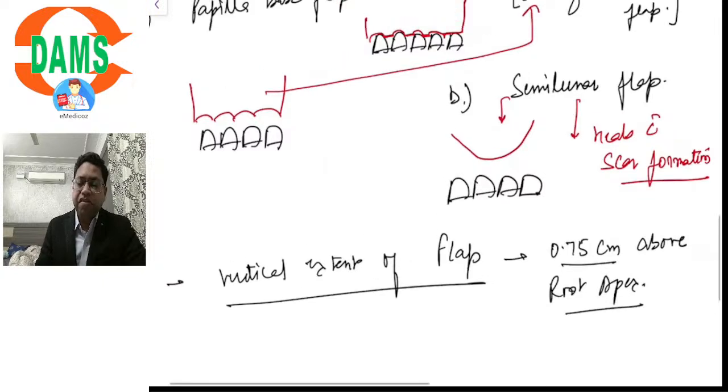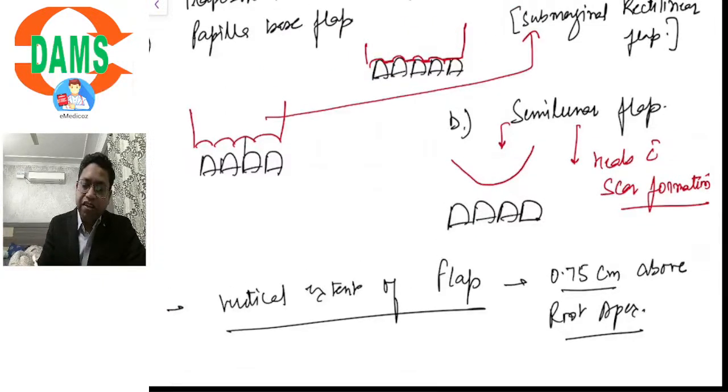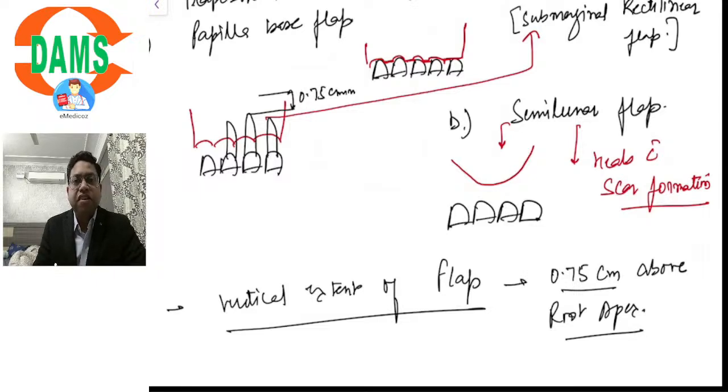If this is the root length, then the distance from the flap termination to the root apex should be 0.75 centimeter, and this applies to both the partial thickness as well as the full thickness flaps.